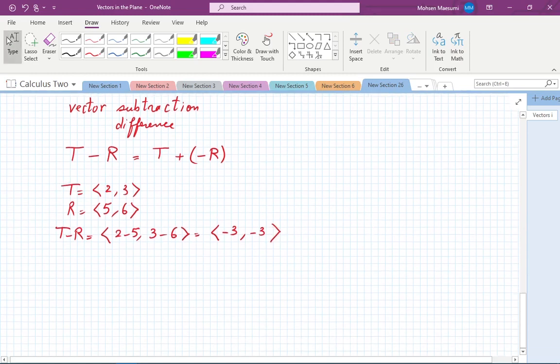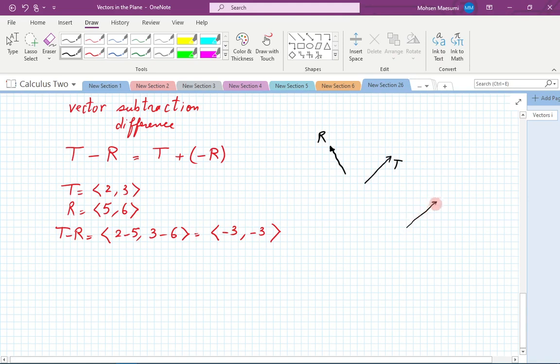Now in picture, this is going to be a little bit more involved than what we had before. Suppose again I have a vector t here and another vector r, and I want to figure out their subtraction, t minus r. Two ways of doing this thing. First, let's go ahead and draw them from the same point.